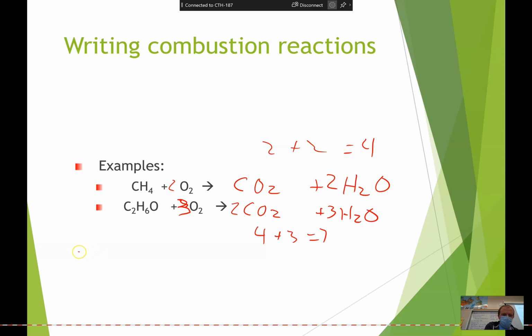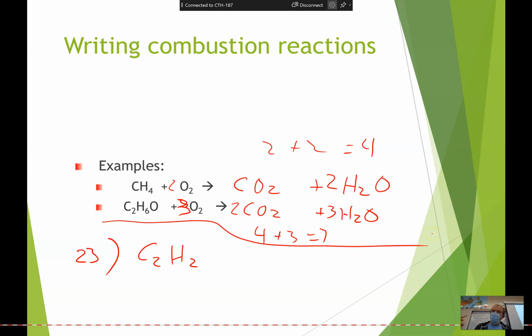But if you're looking at one like 23 that says, for example, the combustion of C2H2, we can't forget, what else do I have to react this with to burn it? Oxygen. So you have to remember, even if it doesn't put the oxygen there to start, you still need that in there.